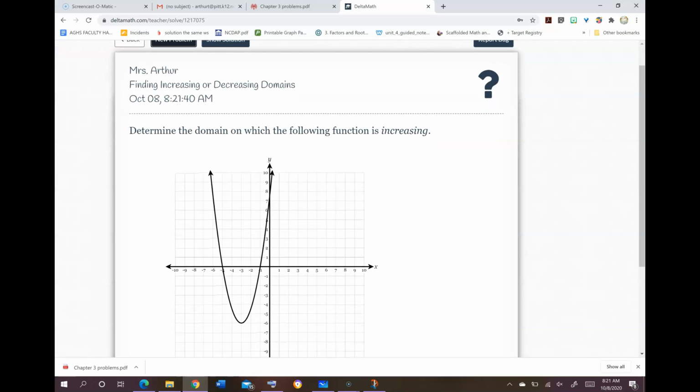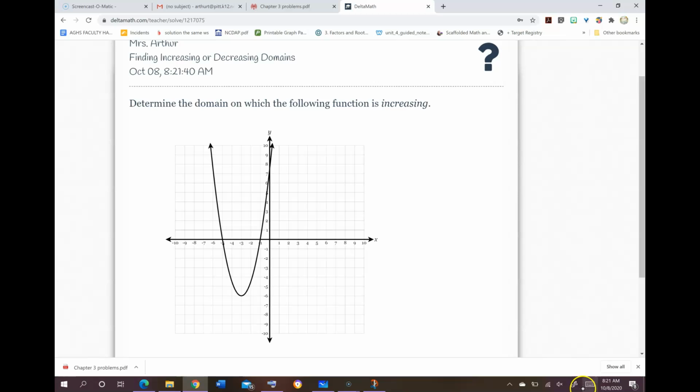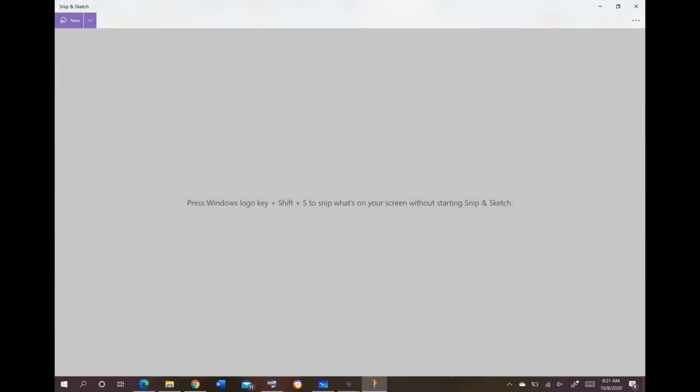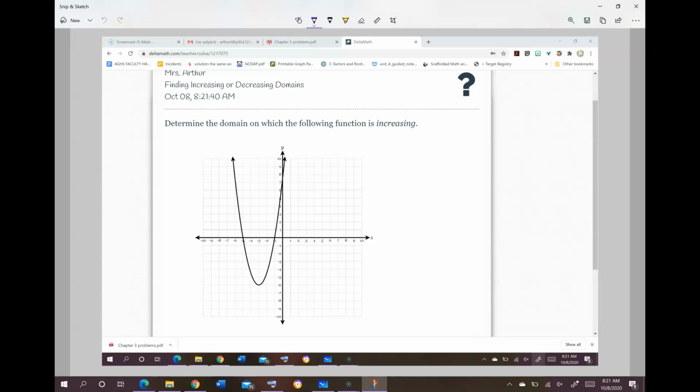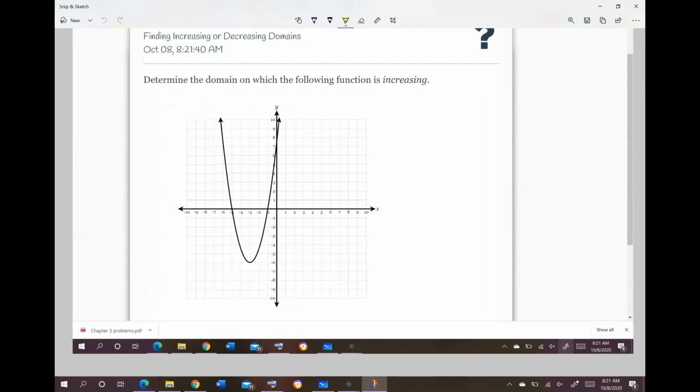All right, so this one wants to know on what domain this graph is increasing. So now we're going up from left to right. So where am I increasing? Well, right now I'm going down, down, down, and right here is where I switch from going down to going up.